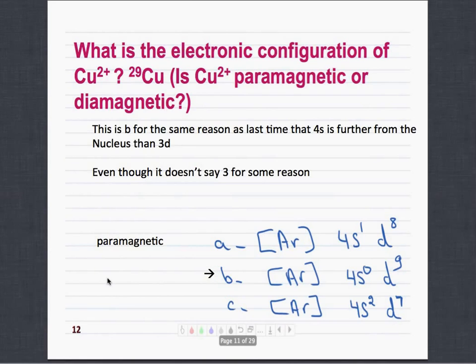Yeah, I'm going to stop it right here and check what to use next. And I have B to be the highest, and yes, B is the right answer.